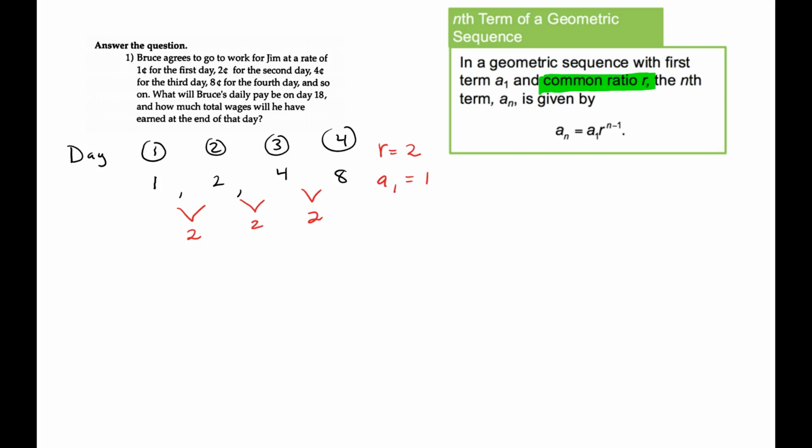All right, now what we're going to do is say, okay, then a sub 18, which is what we're looking for, will equal a sub 1 times r to the 18 minus 1. So let's see what that looks like.